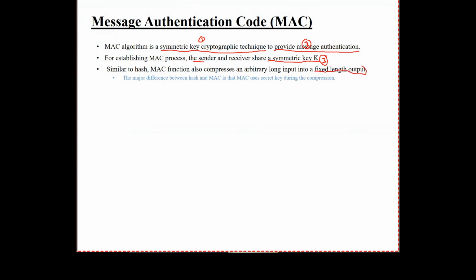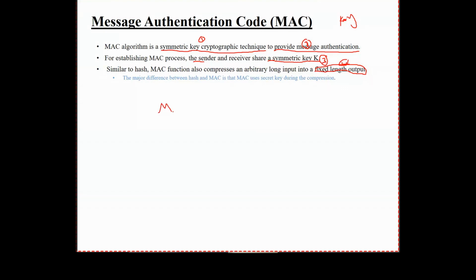This is the similarity between them. They both produce a fixed length of output, no matter how long the input is. The main difference between them is the key. This one needs a key. The hash does not need a key.